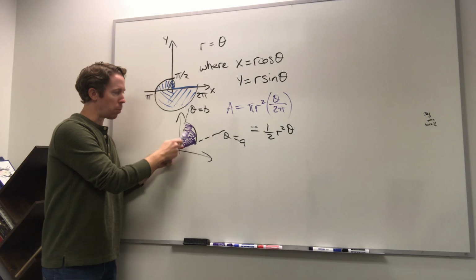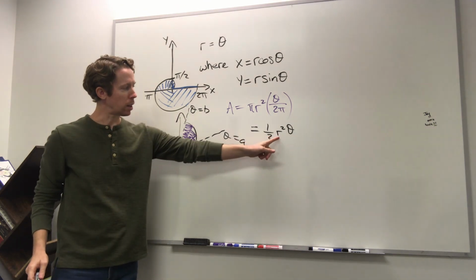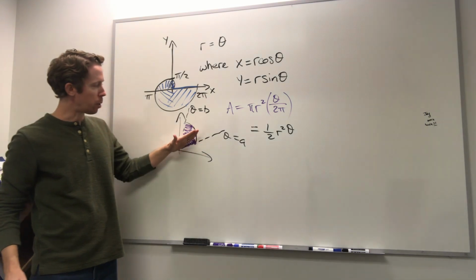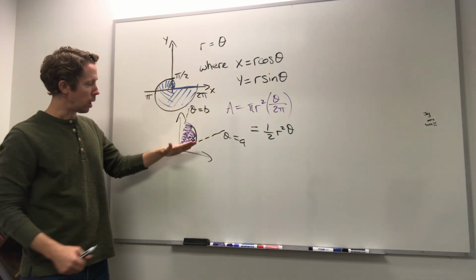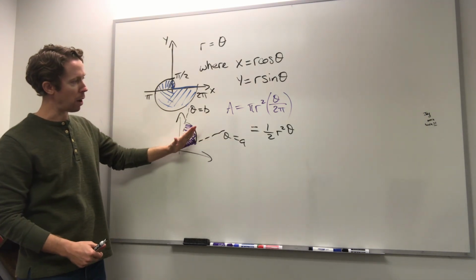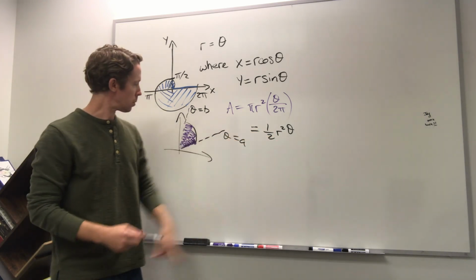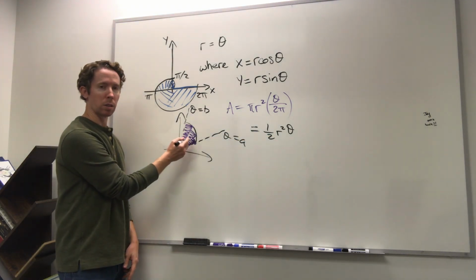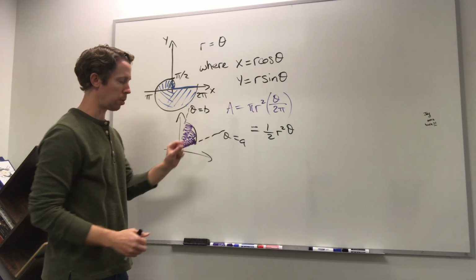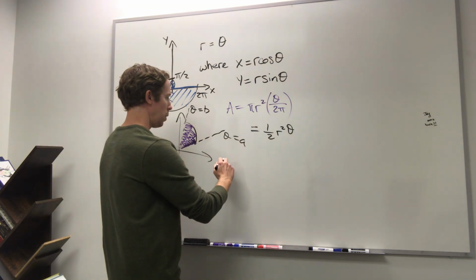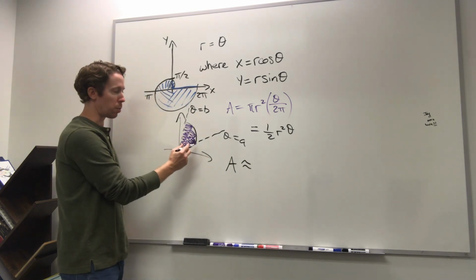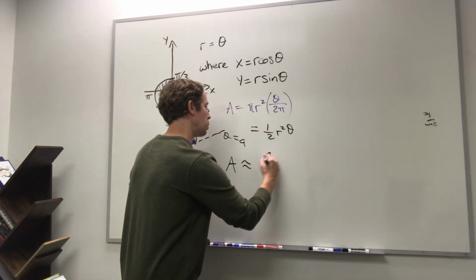So I'm adding up wedges like this, where r is changing and r depends on theta, and I'm sweeping out a small amount of theta. So I'm going to let the amount of theta that's being swept out be called delta theta to represent a small change. Then the total area here is approximated by just adding up those pieces.